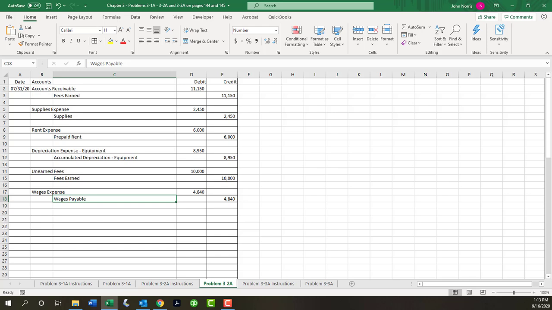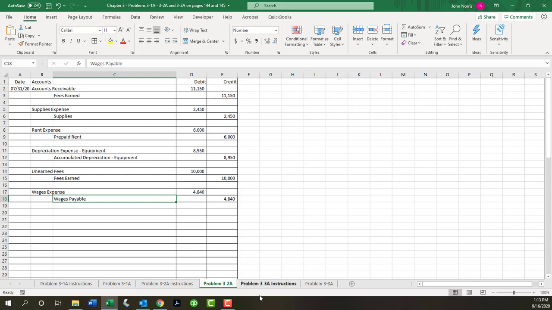And then the last entry that I'm going to do is problem 3-3A. Trident Repair and Services, an electronics repair store, prepared the following unadjusted trial balance at the end of its first year of operations.